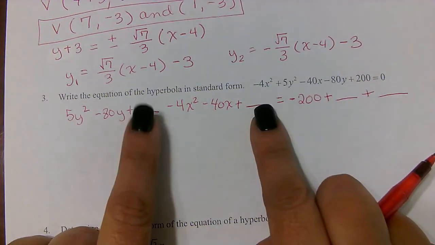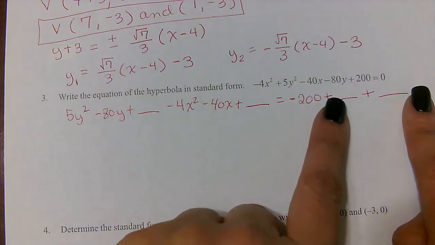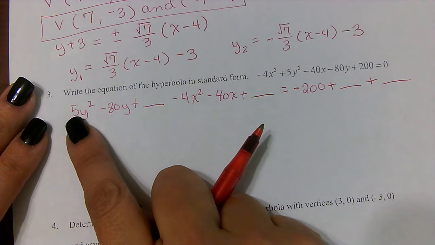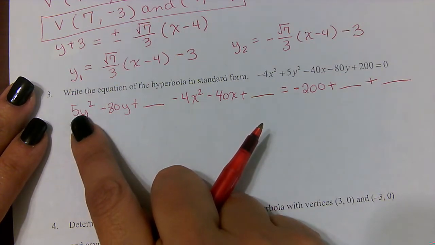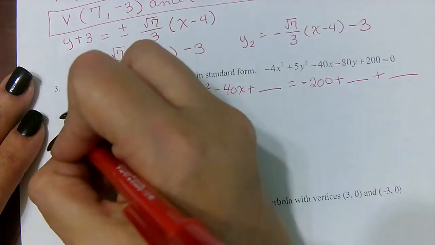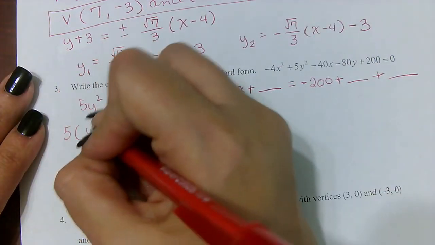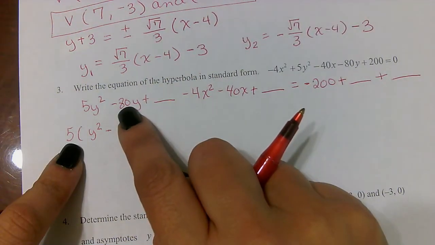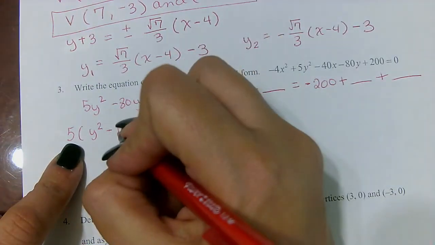Since we'll be adding 2 numbers to this side, we need to add 2 numbers to this side. Remember, you never want to have a coefficient other than 1. So we're going to have to factor out this 5. So 5y squared minus, we're going to just divide 80 by 5, which comes out to 16.